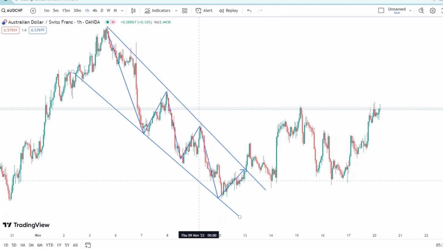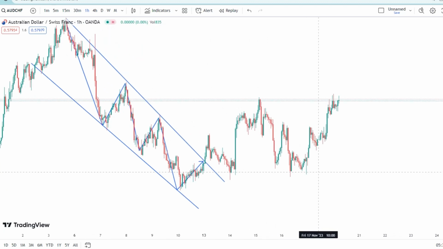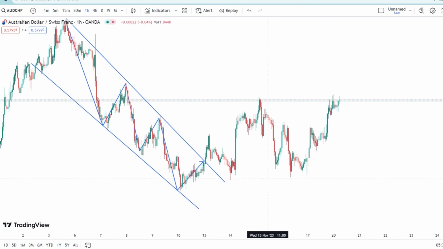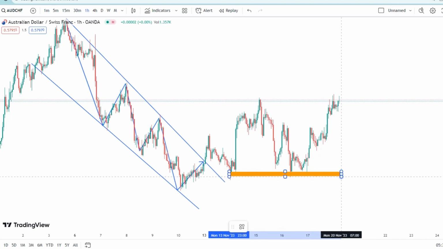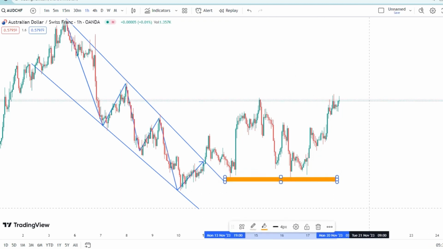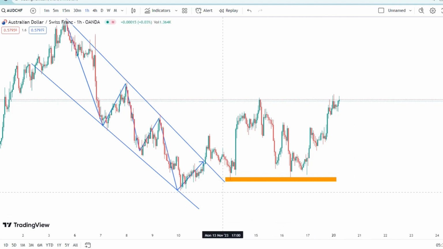After the market reached this point right here, we had a double bottom. As you can see, we have a double bottom right here. After you saw this double bottom, I told my team, yo guys, stay ready, we're about to have a new signal.